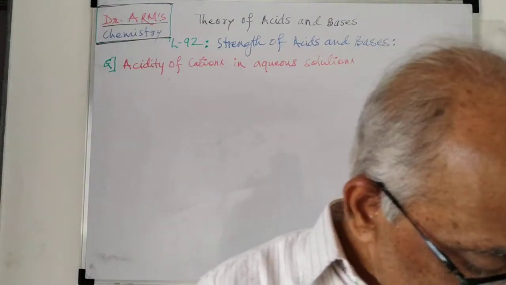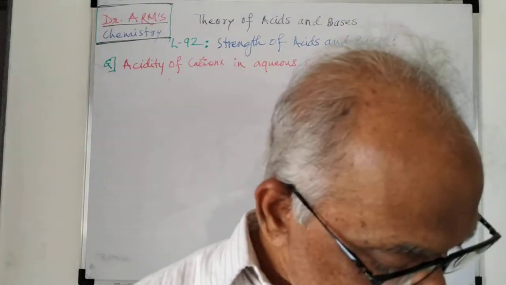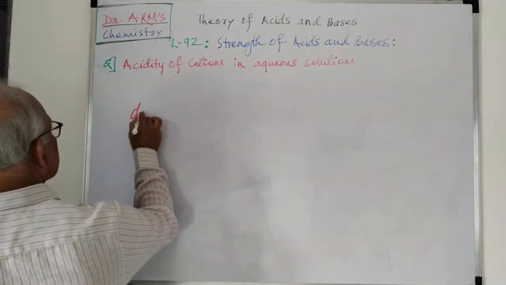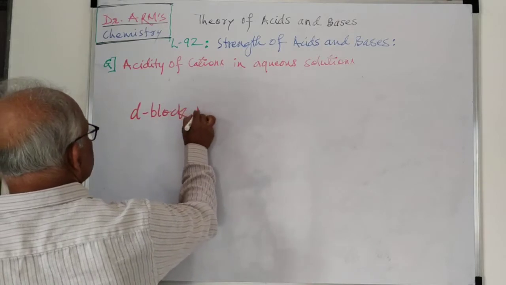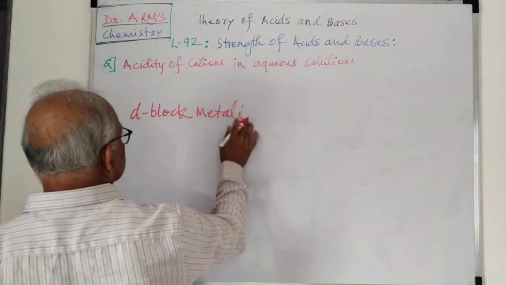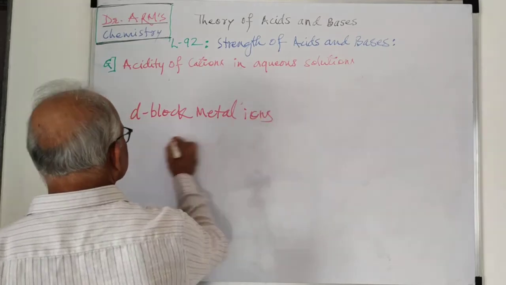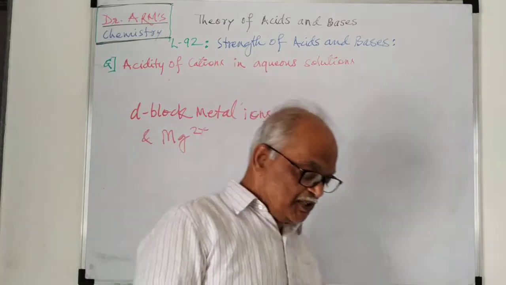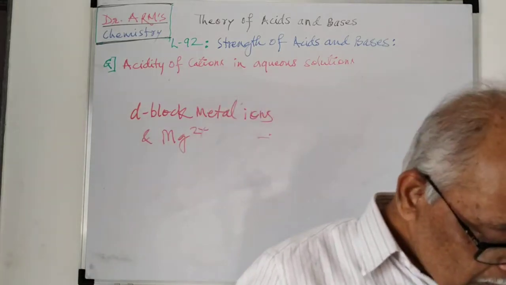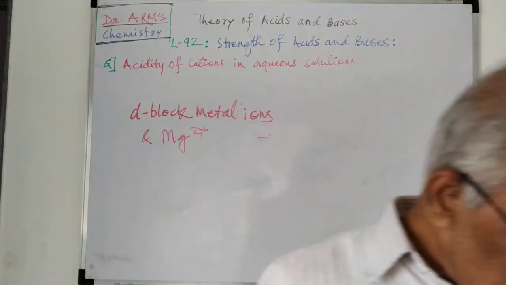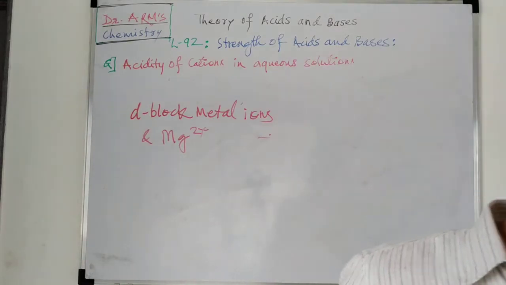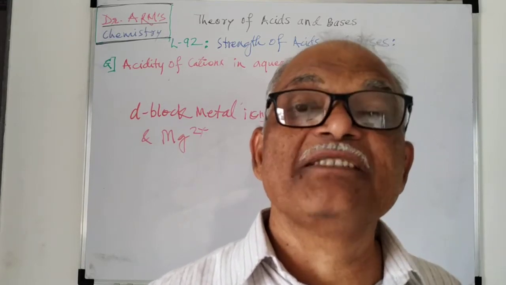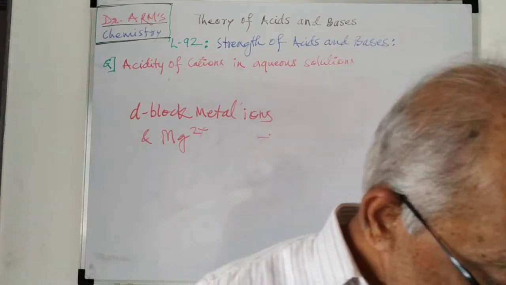Similarly, if we see the d block metal ions and Mg2 plus, the precipitate of the hydroxide is formed even in the neutral or weakly basic solution.